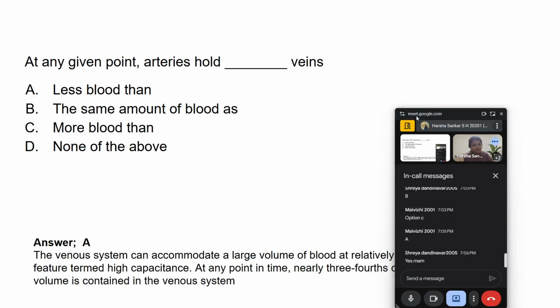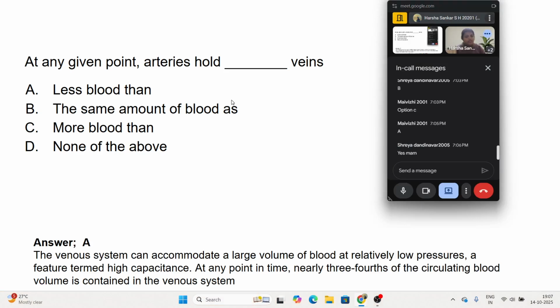So the venous system can definitely accommodate a large volume because it doesn't have as thick a wall as the artery. Large volume of blood at a relatively low pressure is a feature termed high capacitance. That property, where they can hold more blood every time than arteries, is known as capacitance.